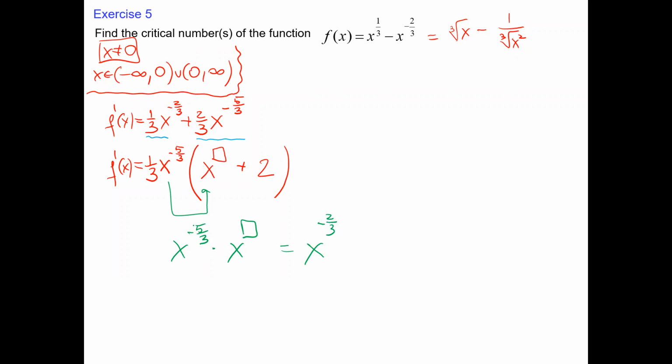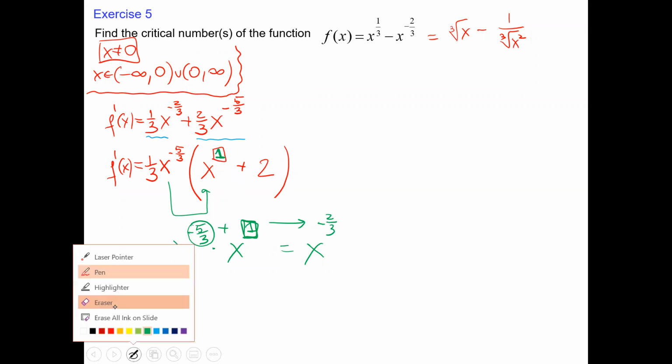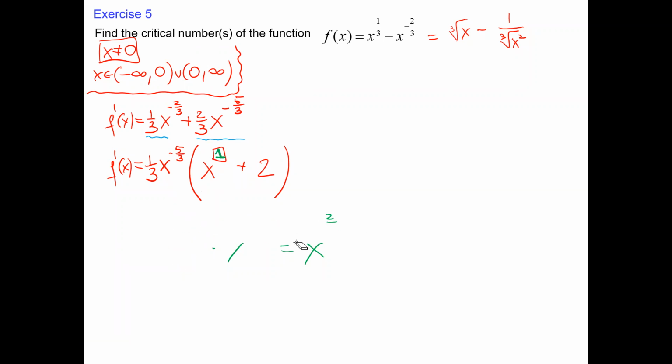It means now negative 5/3 plus what number gives negative 2/3? That will be that box. I think it's 1, right? It is 1, because 1 is 3/3, and 3 minus 5 is negative 2/3. That means this will be x to the power of 1. Yeah, nice. Okay. A little bit of algebra, always.